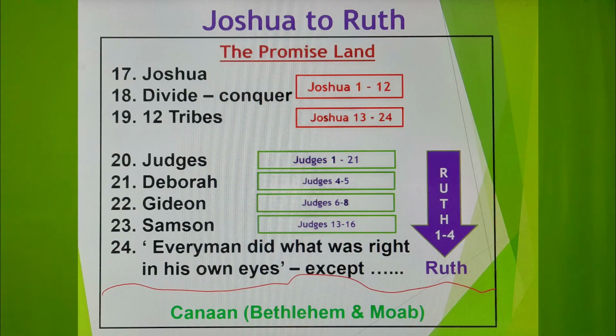That is the end of the Pentateuch. Then Joshua's leadership, conquering the land: in about 7 years he conquered the whole promised land, and then he divided it among the 12 tribes. After Joshua's death, the judges ruled for 400 years. So 13 judges, 3 in detail and 10 just in passing.